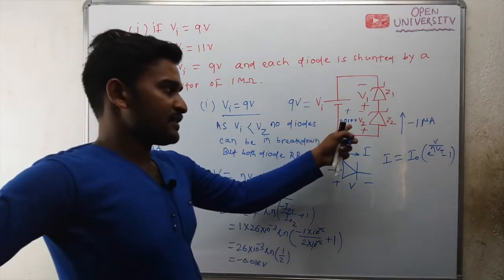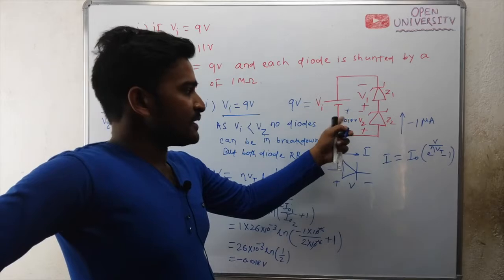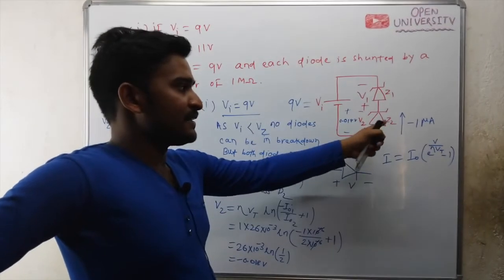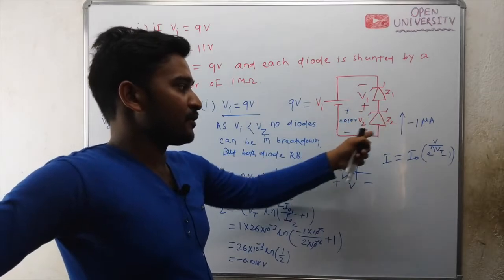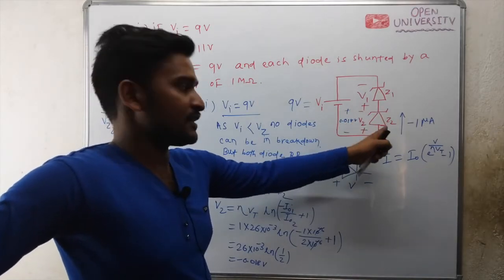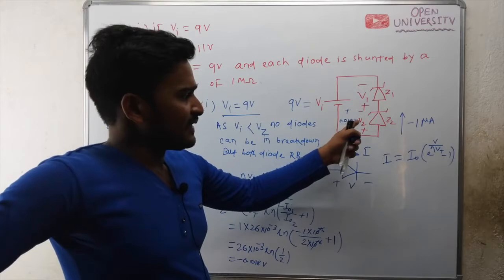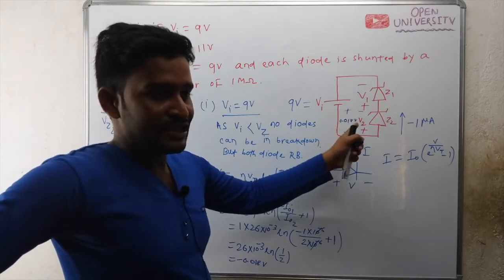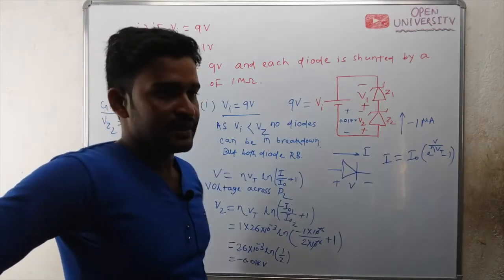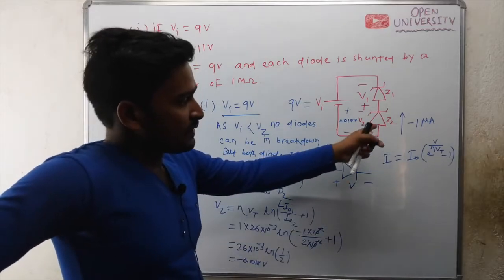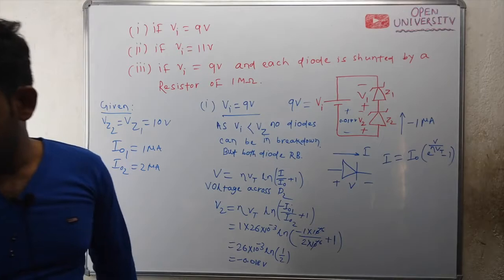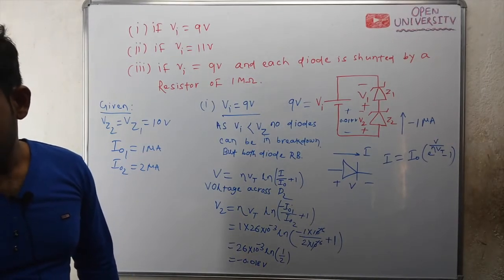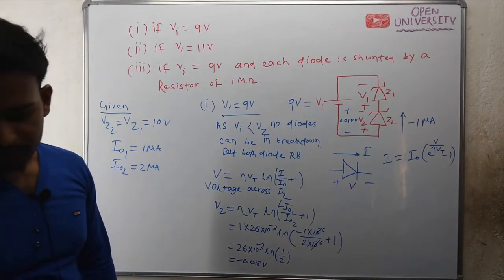And this voltage is now less than the breakdown voltage. Positive terminal to this side and negative terminal to this side indicates that Z2 is in reverse bias, but this reverse voltage across the diode is less than the breakdown voltage, that is less than 10 volt. So Z2 will be in reverse bias but off condition.